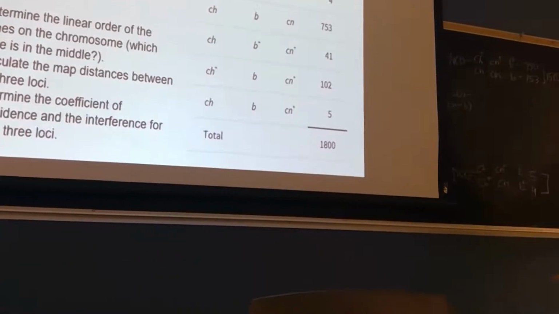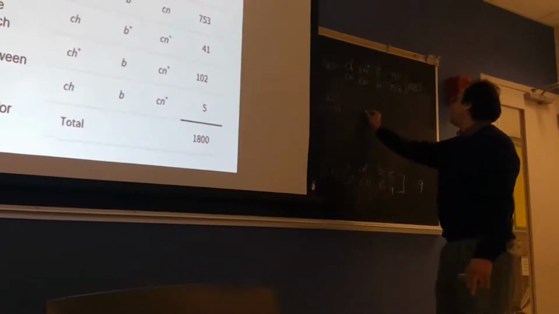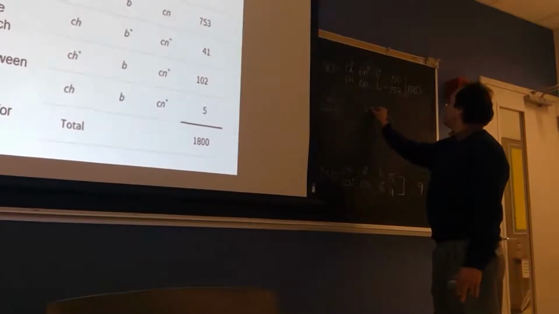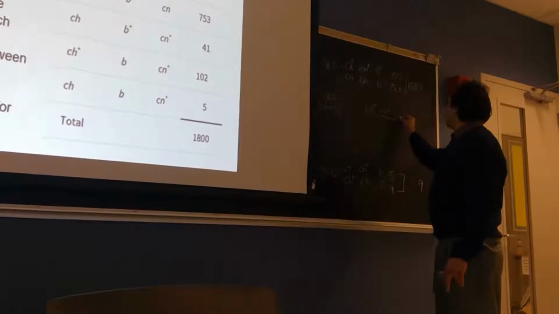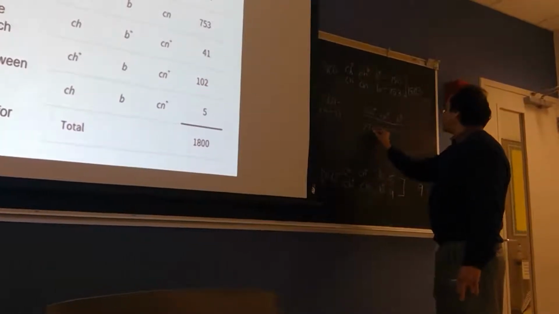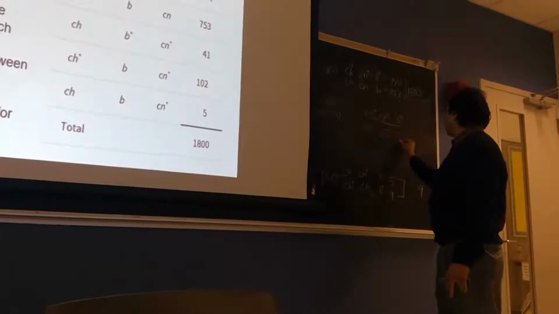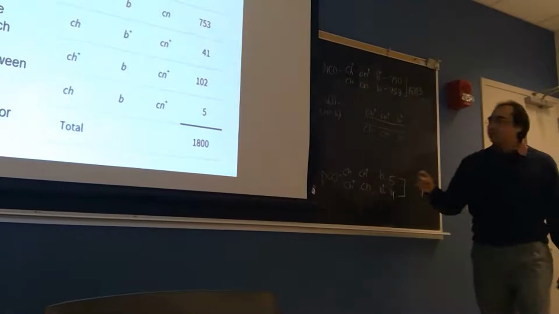If there is single crossover between Cn and P with the correct order, what will be the result? So this could be CH plus, Cn plus, and P plus, and this one is CH, Cn, and P. You need to show the single crossover between these two.